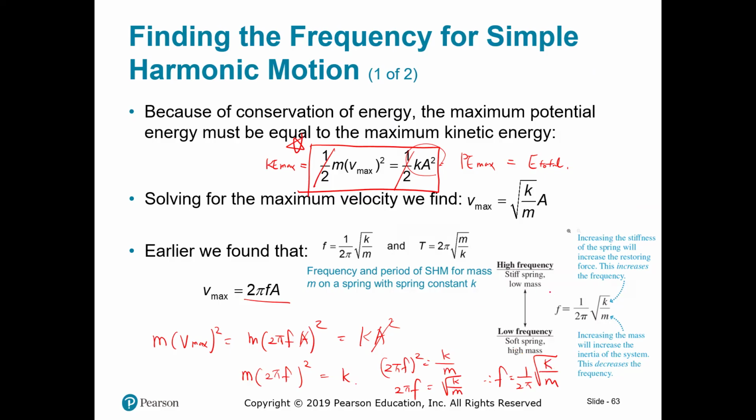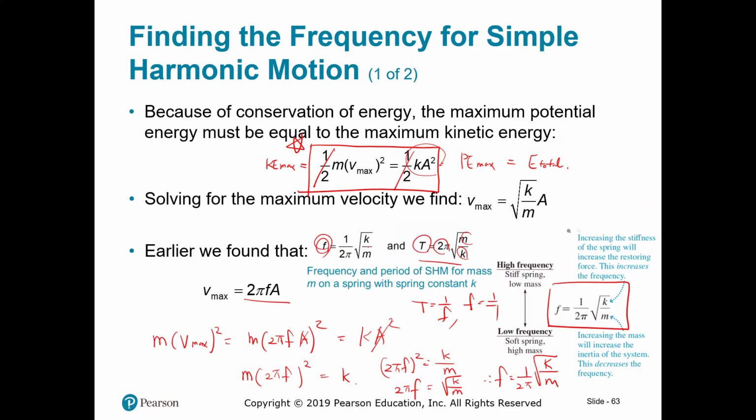So this is the frequency of a simple harmonic motion. You can also express this in terms of T: 1 over T is F, or F is 1 over T. So take the reciprocal of this F value, which gives 2 pi root M over K. That is your period.